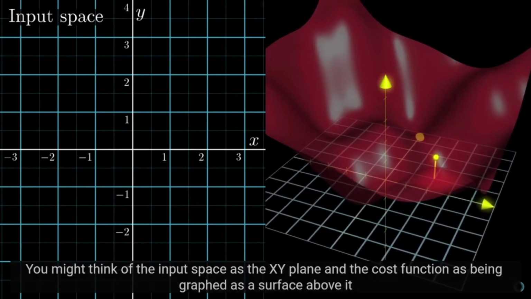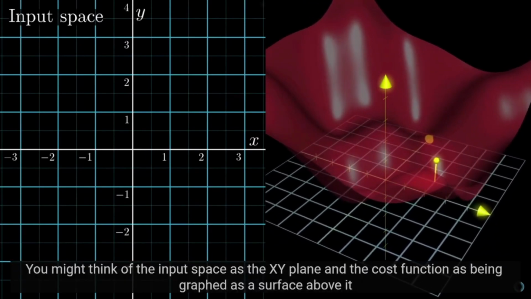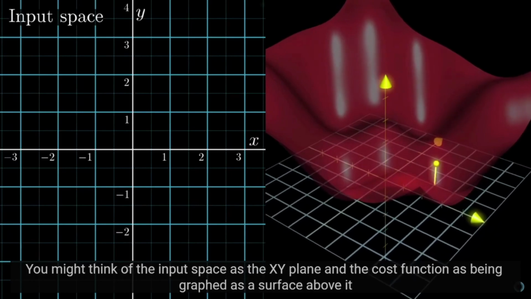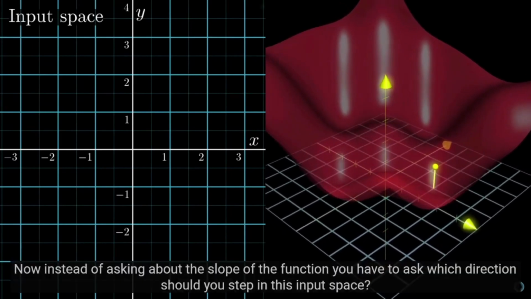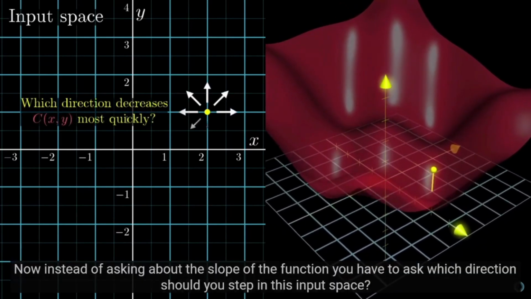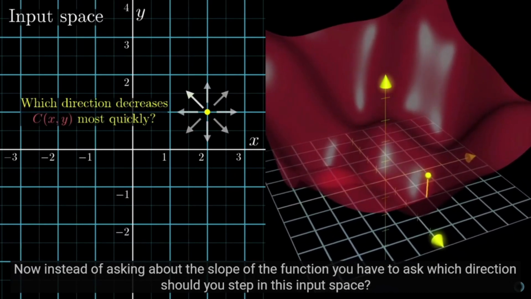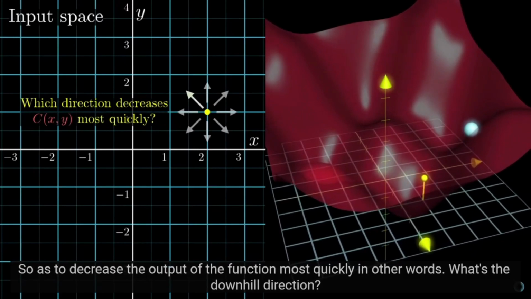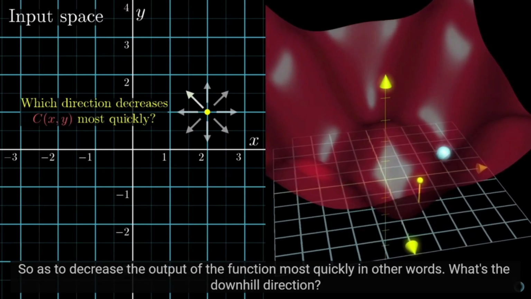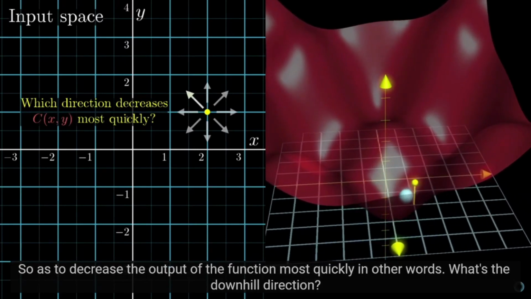You might think of the input space as the xy plane, and the cost function as being graphed as a surface above it. Now instead of asking about the slope of the function, you have to ask which direction should you step in this input space so as to decrease the output of the function most quickly. In other words, what's the downhill direction?